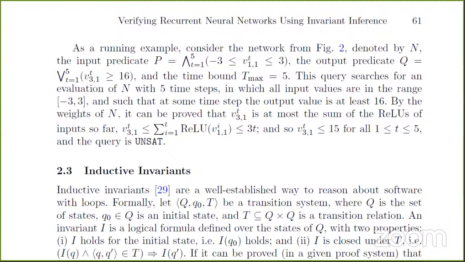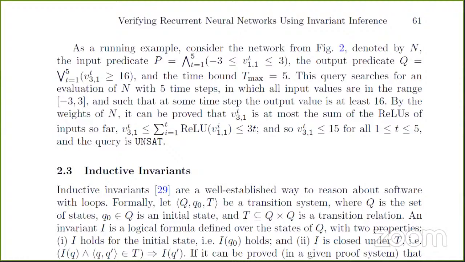So you're going to find some such values of the inputs, such that the precondition holds and the post condition holds for the time bound of 5 in the network that has been given to you. If such a valuation exists, then you know that this verification query holds.